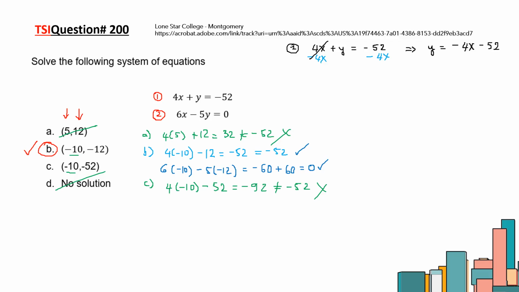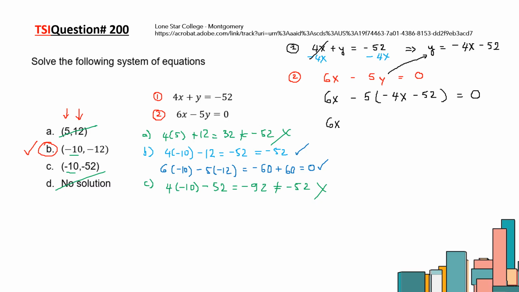Okay, now for the second equation, you have 6x minus 5y equals 0. Now I will write down 6x again, minus 5, and the value of y here is the same y right here. Instead of y I write negative 4x minus 52, and on the right hand side it still equals 0. Now distribute the negative 5 inside. We have 6x still there.